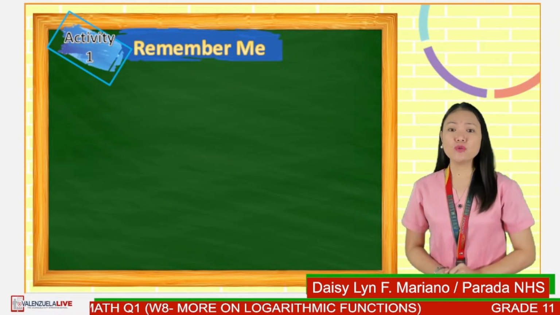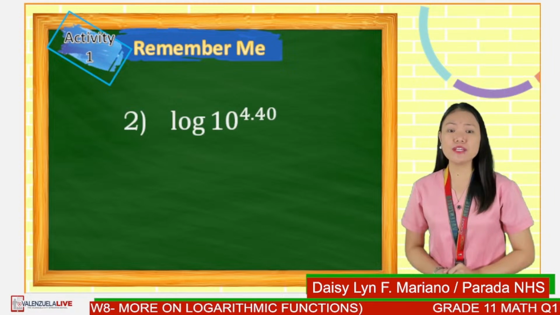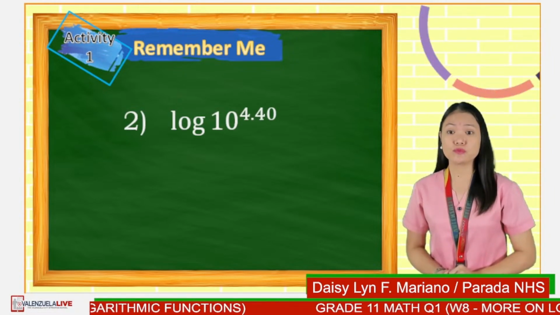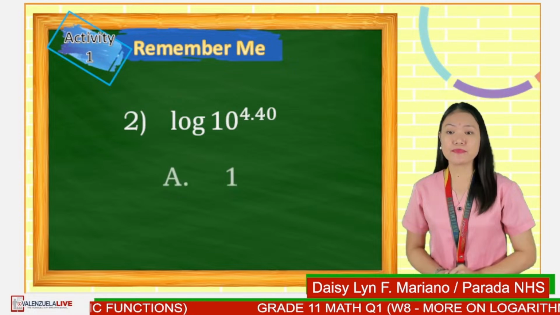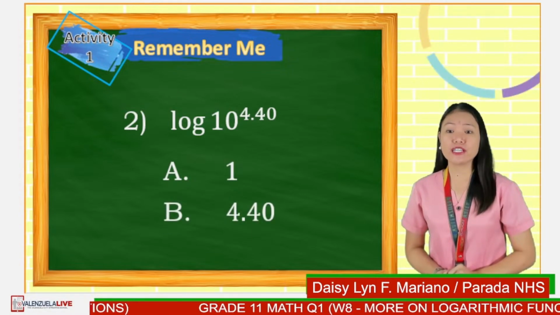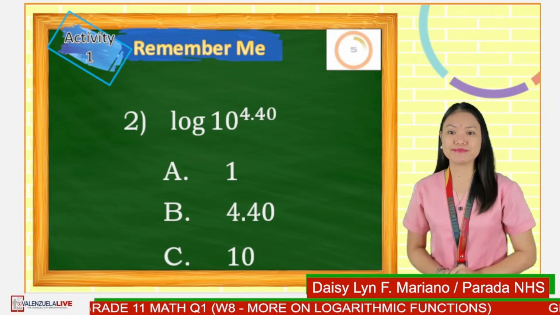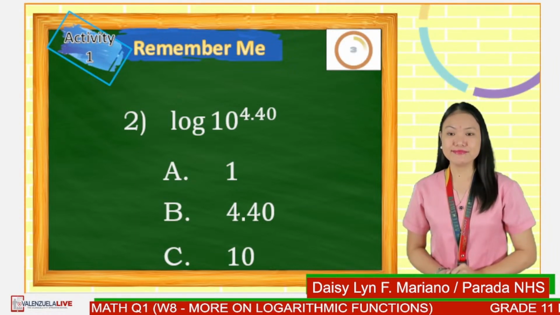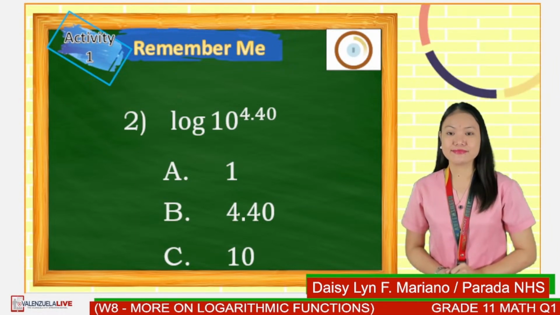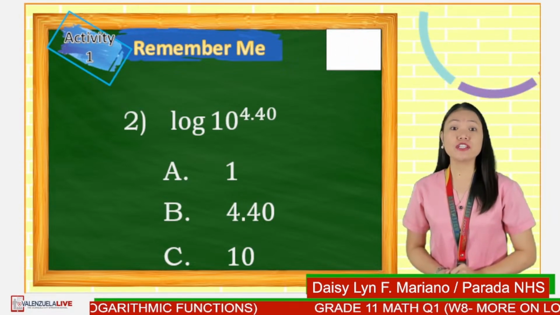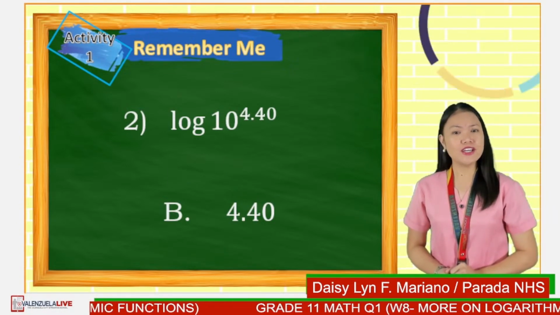Second, to what number is the logarithm of 10 raised to 4.40 equivalent to? A, 1. B, 4.40. C, 10. 5 seconds, go. Time's up. If you answered B, 4.40, you got it right.